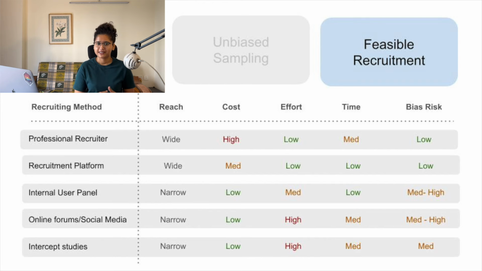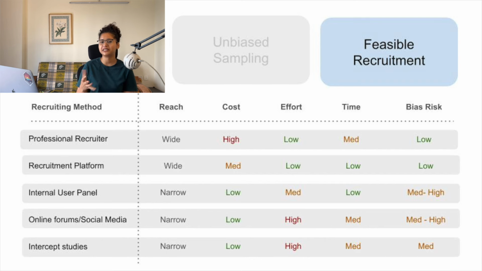Typically the reach for this is narrow. If 100 people use your app, about two of them would reach out to you, interested in volunteering to be a part of your internal user panel. I'm not sure if there are apps or companies where more than 2% of their MAU is a part of their internal user panel. Cost is extremely low.